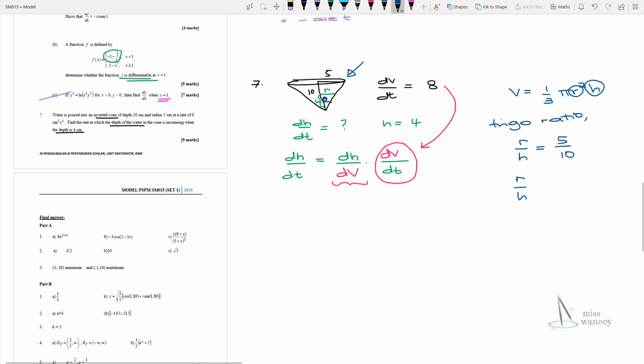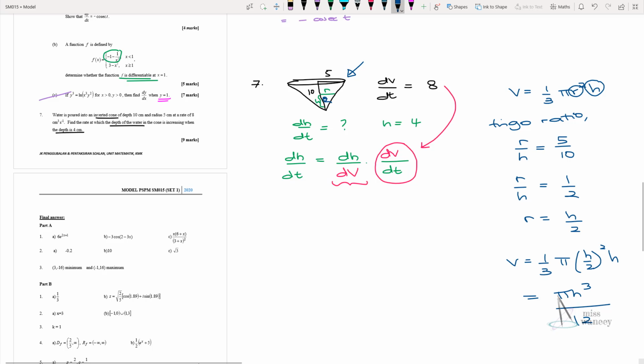So r over h is equal to 1 over 2. So r is actually h over 2. So I do know for sure that v is equal to 1 over 3 pi h over 2 square times with h. So this one will become pi h cubed over 3 times 4, which is 12.